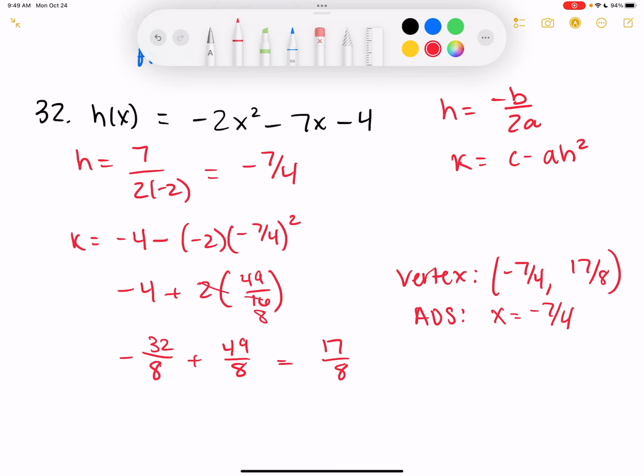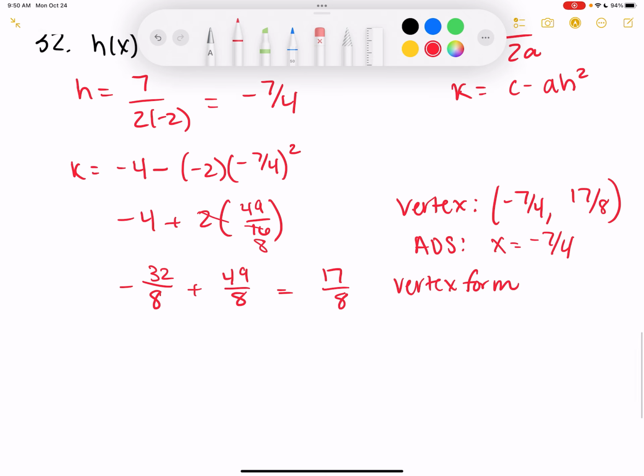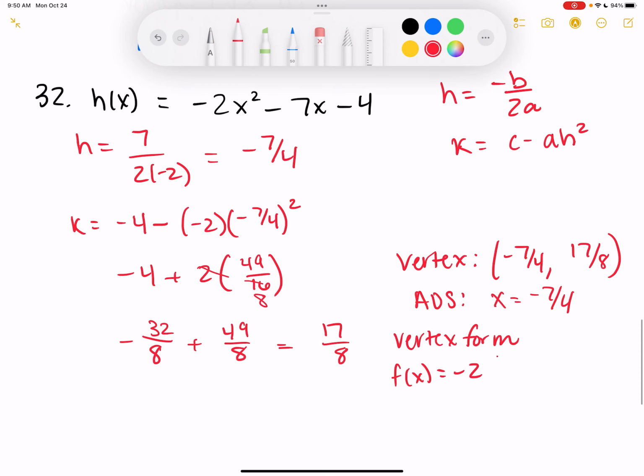And then in vertex form, we had written up here is a, and if it opens down, then it was negative, so we need to put the negative with it. A times x minus h squared plus k. So in vertex form, f of x equals, a was negative, so we copy down the negative 2, parentheses, x minus h.